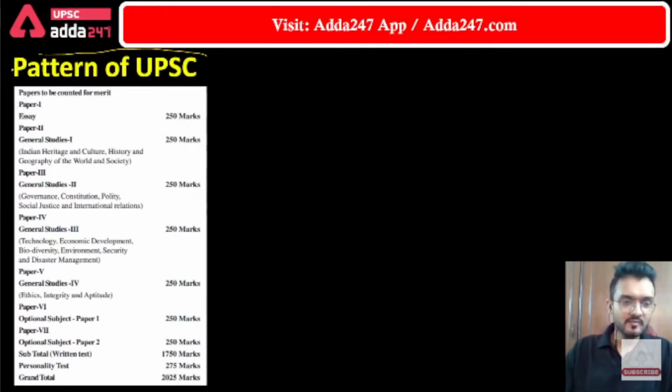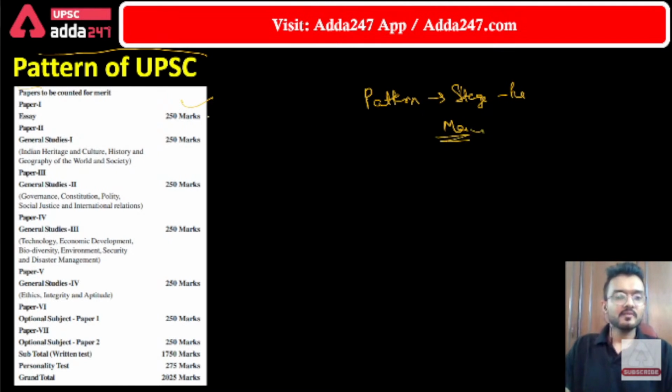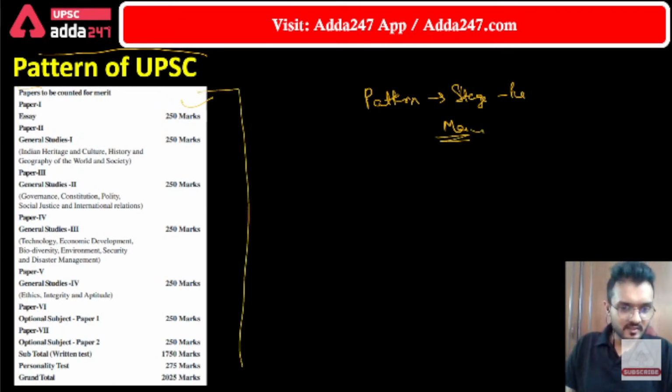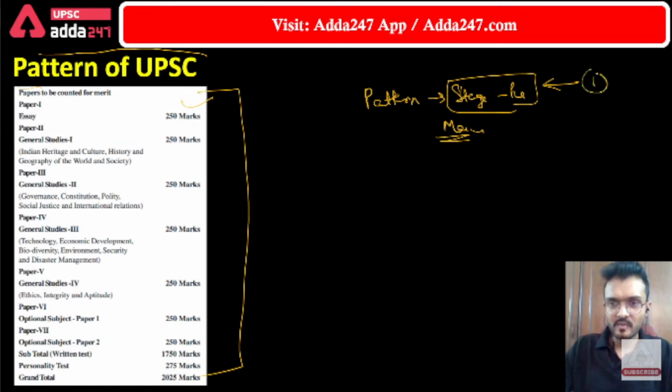As we know, we are discussing the pattern of the UPSC. We have seen that stage 1 is known as the prelim stage, and now stage 2 is the mains stage. The mains is a very comprehensive stage. Stage 1 is also known as the one day exam, because the prelims are conducted in one day.